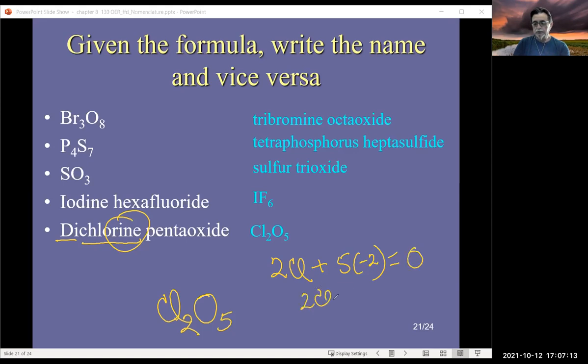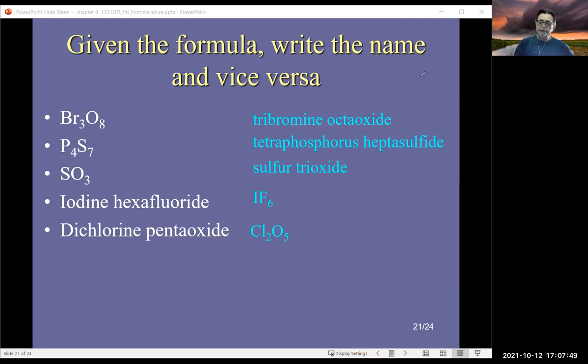So we have 2 chlorine minus 10 equals 0, so 2 chlorine equals 10. Chlorine equals plus 5. So under these conditions in the structure, chlorine has an oxidation number of plus 5. We'll leave it at that, under this formula.